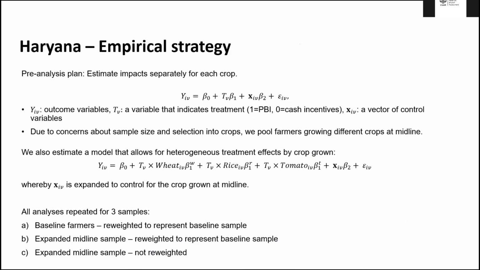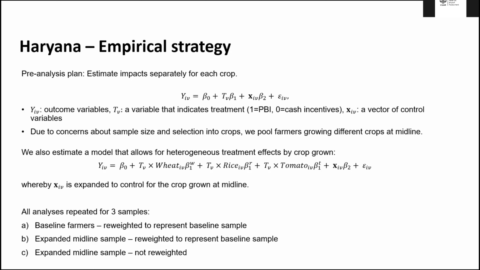Now also that translates into the empirical strategy. I'll talk about that a little bit, like how we deal with those concerns around the midline sample not being necessarily perfectly representative and some potential selection issues occurring. So in terms of our empirical strategy, initially we were planning to estimate impact separately for each crop, for tomatoes, wheat, and rice, which, as Karen clarified, are the crops that are covered by insurance.